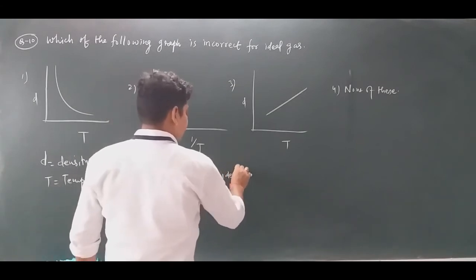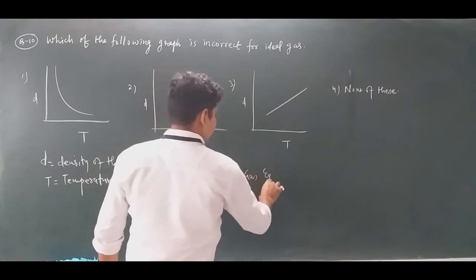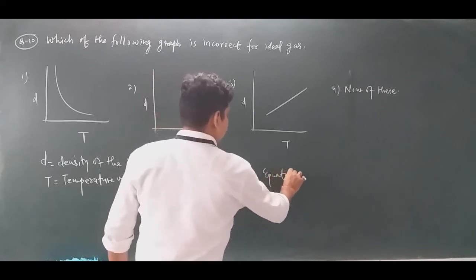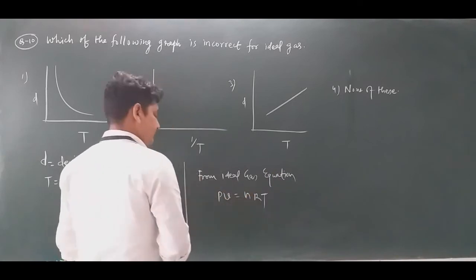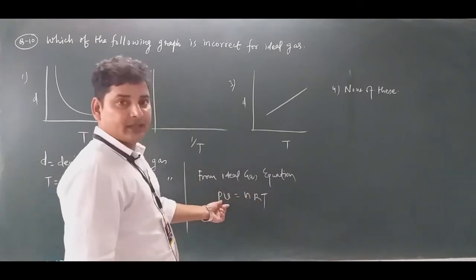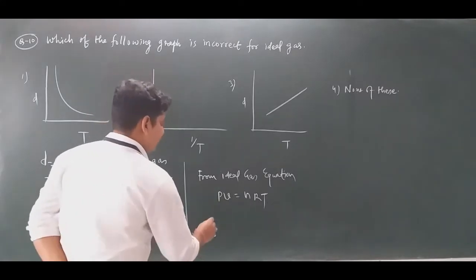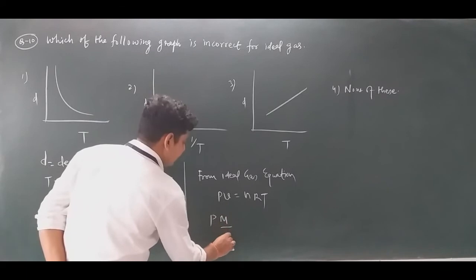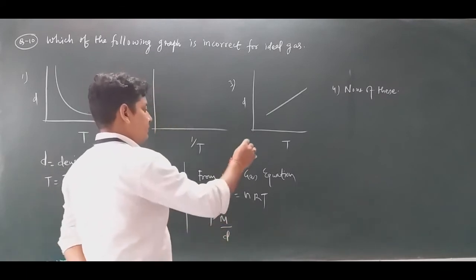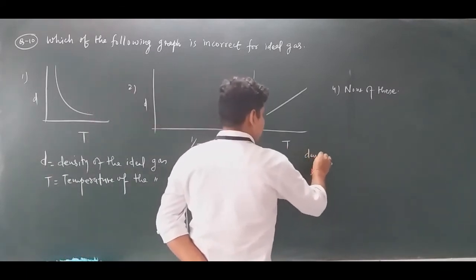From the ideal gas equation, PV is equal to nRT. Volume is equal to mass by density, because we all know that density is equal to mass by volume.